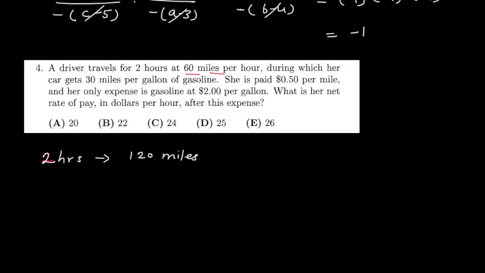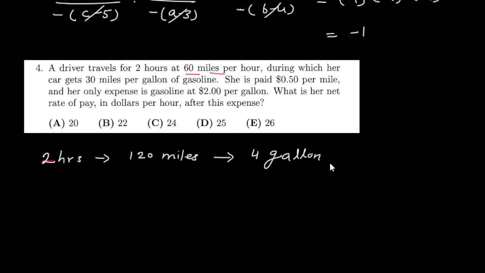Next, during which her car gets 30 miles per gallon of gasoline. For 30 miles there is 1 gallon. So for 120 miles, 30 times 4 is 120, so that means for 120 miles I have 4 gallons of gasoline, right?